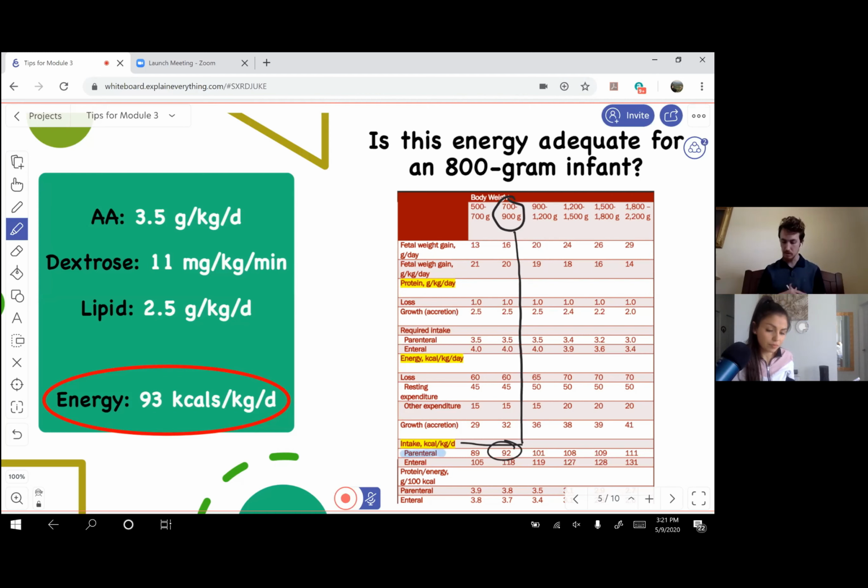So we have 92 calories per kilogram per day as the parenteral requirement for an infant of this size. And we determined that the TPN script will provide us 93 calories per kilogram per day. It's being run 24 hours, which means we're in the ballpark. We're good. So this TPN script would be adequate for an infant of this size.